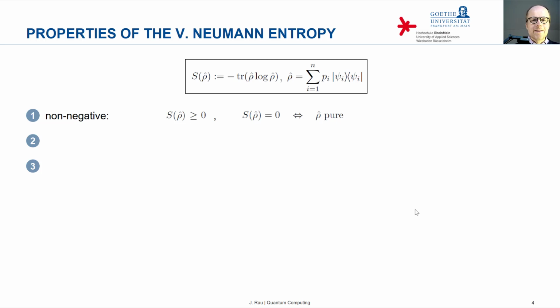Classically, we had the property that it was also non-negative, and it was 0 if and only if the outcome of the random experiment was certain. So one probability is equal to 1 and all the others are 0. And the quantum counterpart of a random experiment whose outcome is certain is a pure state. That's the maximum knowledge that you can have about the quantum system, when you describe it with a pure state.